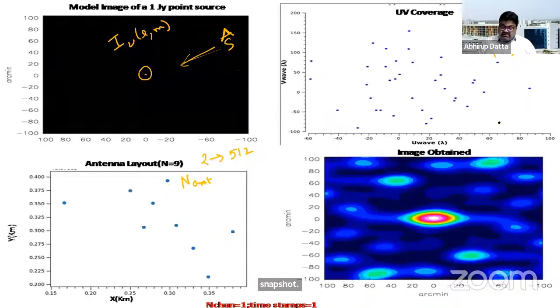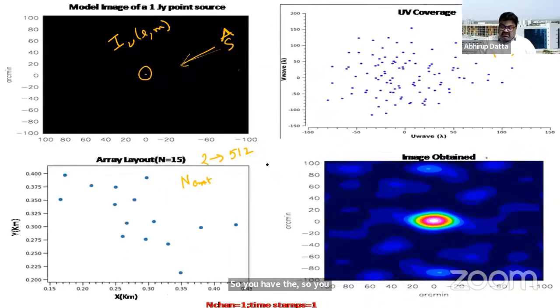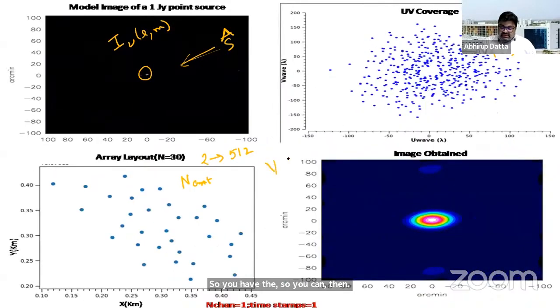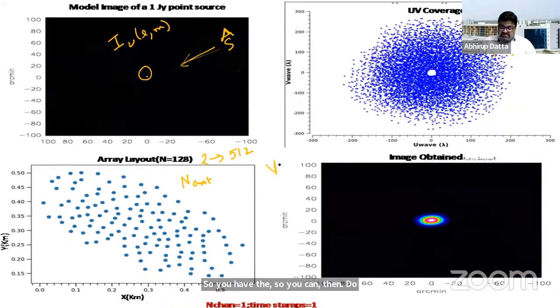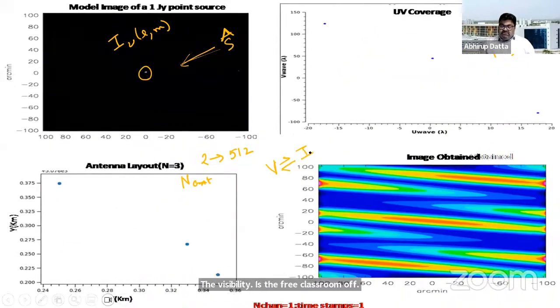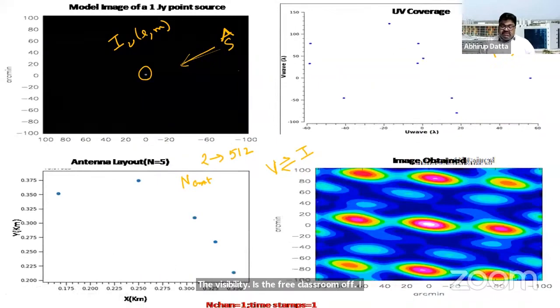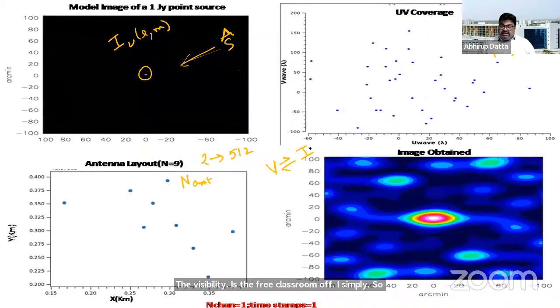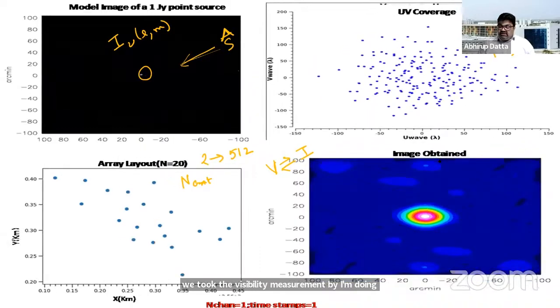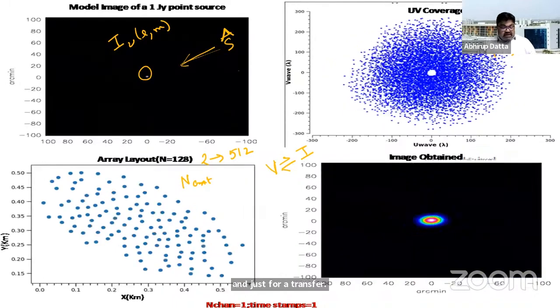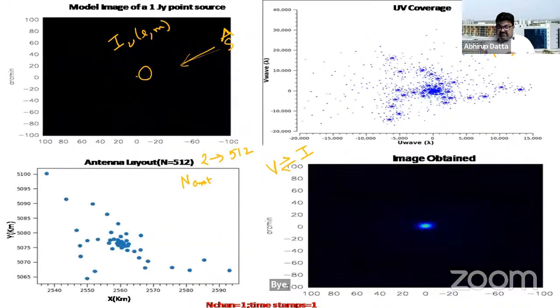So you can then do the visibility, which is a Fourier transform of I simply. So we took the visibility measurement by knowing the UVW coordinates and just inverse Fourier transform it to get the I. But see the difference.